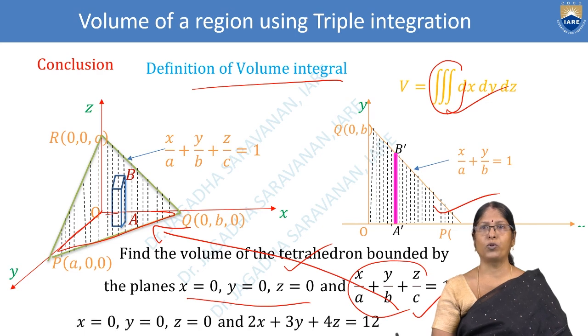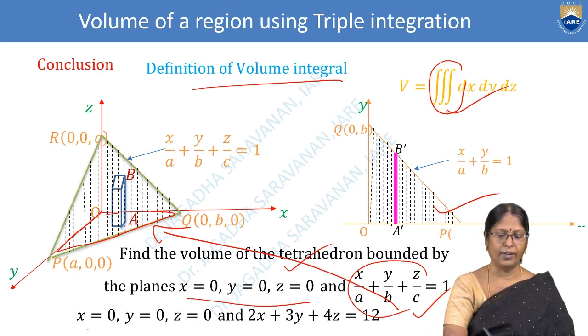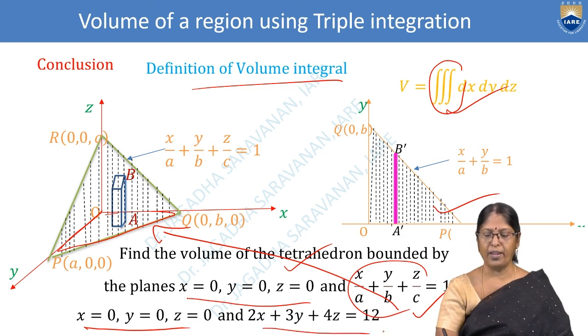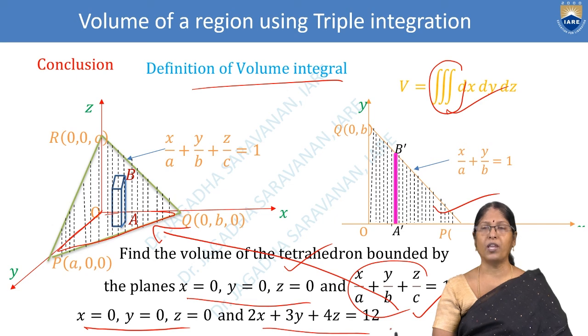One more problem we also concentrated on: x equal to 0, y equal to 0, z equal to 0, and the plane is 2x plus 3y plus 4z equal to 12. Here also we extracted what is z, what is y, and what is x, and we did the triple integration.